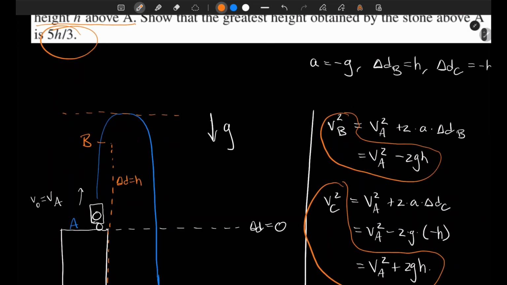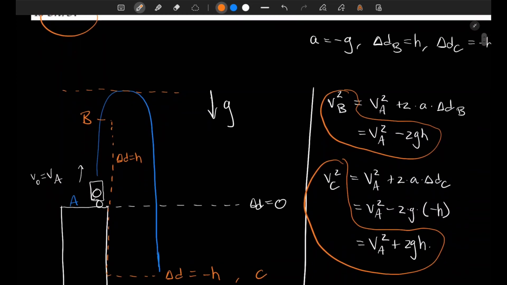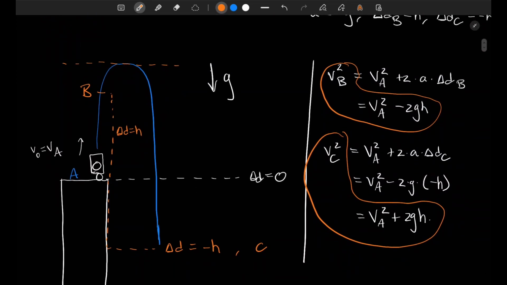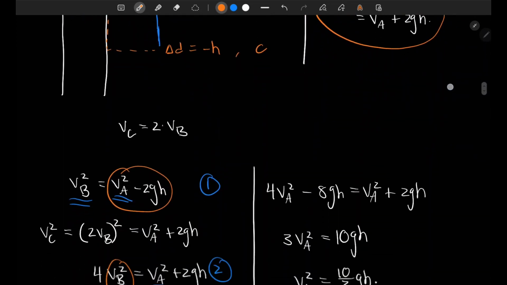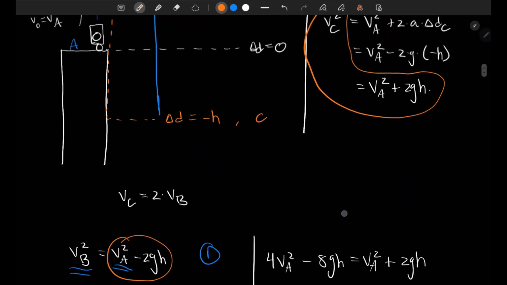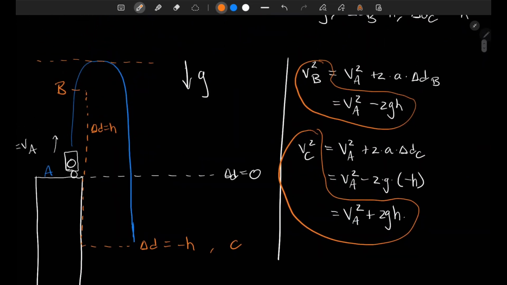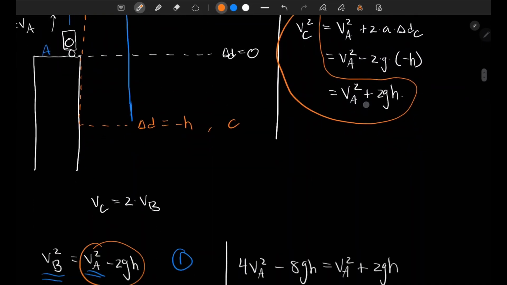So just to recap what we did, we started by saying we know that the velocity down here is 2 times the velocity up here. Okay, so we used this fact here to plug into these two velocity equations, right? We plugged this formula into this velocity equation.